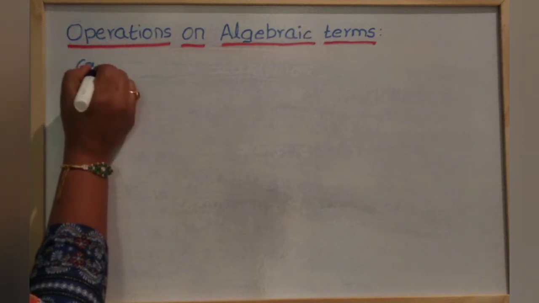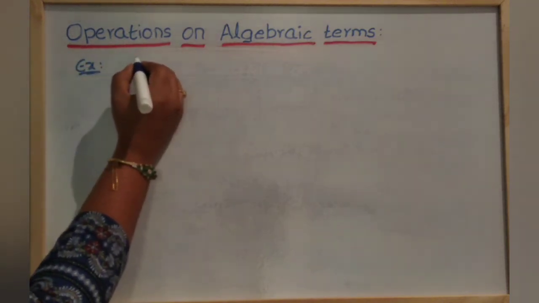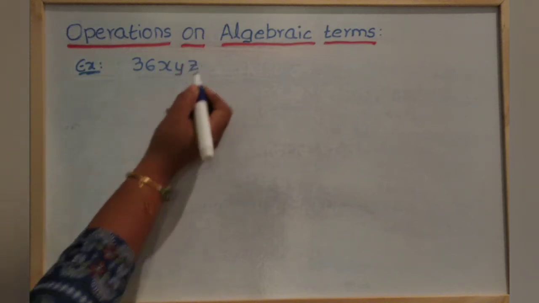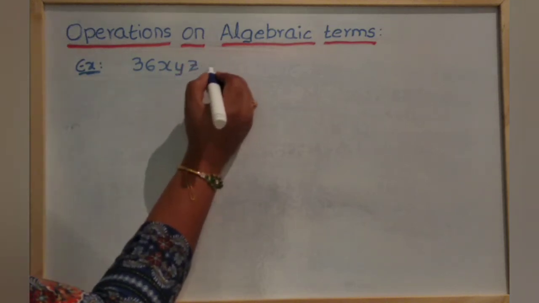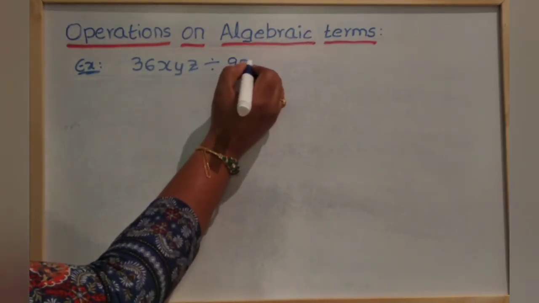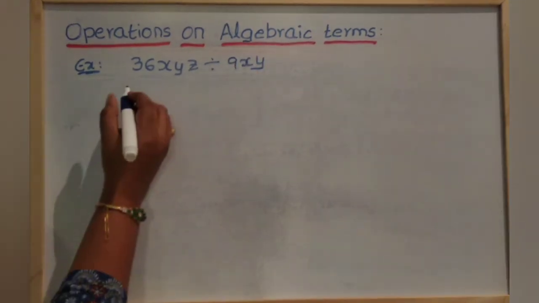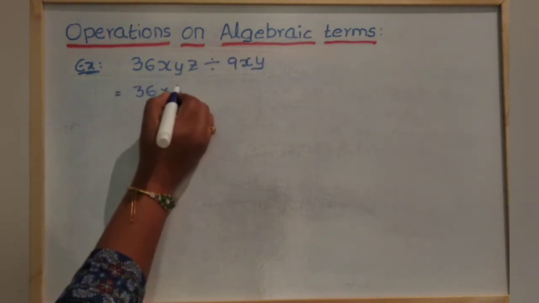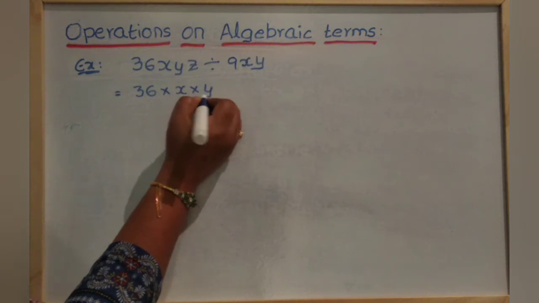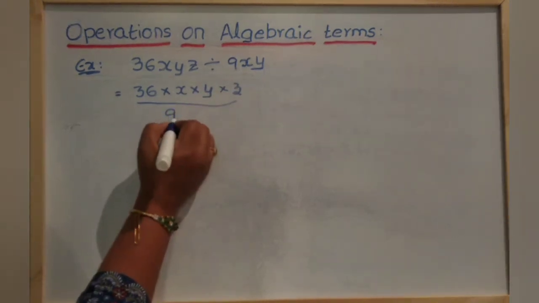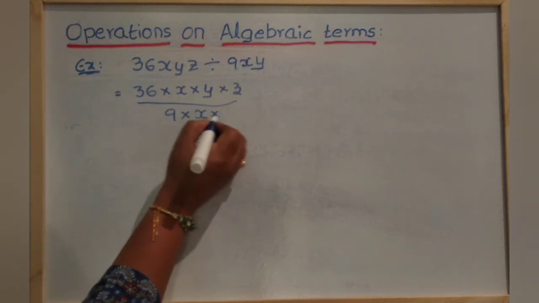Consider an example. 36xyz divided by 9xy. This can be written as 36 into x into y into z by 9 into x into y.